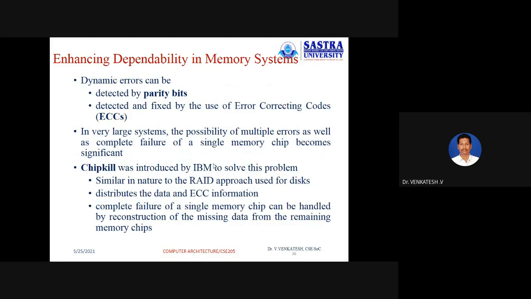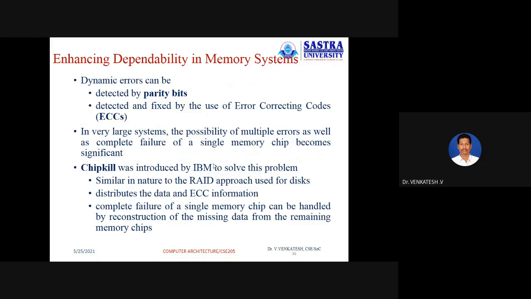For example, how error detection as well as correction has to be done is very simple, and you have already studied it. We have the single parity bit, odd parity as well as even parity. If I have an odd number of ones, that is called odd parity. If we have an even number of ones, it is called even parity. That will detect one error.